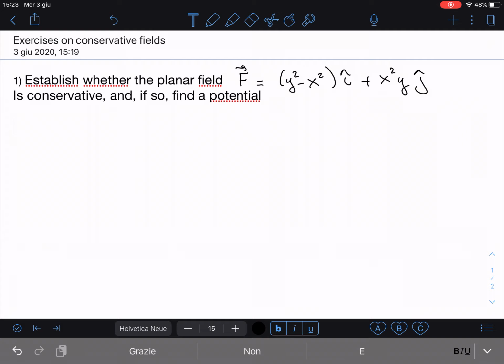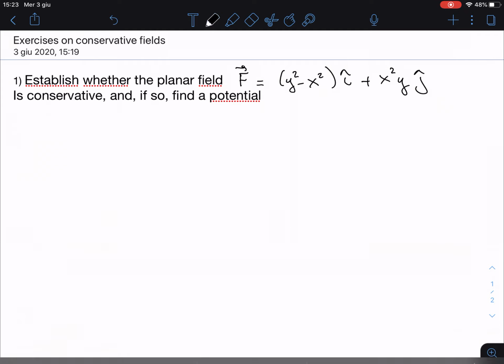So first of all, this is a planar field.